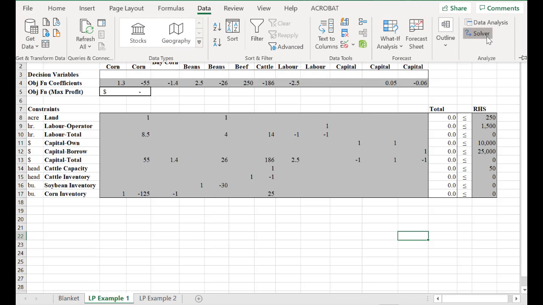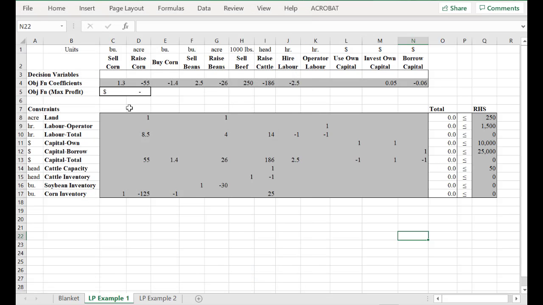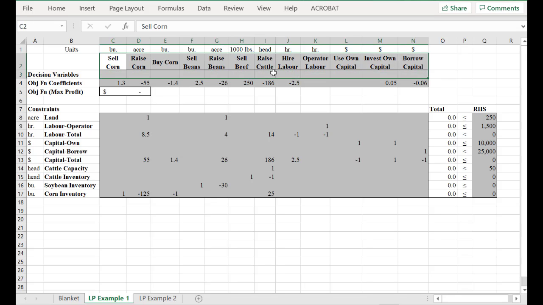You click Data, Solver, and this box is the one you check to make the unconstrained variables non-negative. If you check it, it means that all of the decision variables here will be non-negative, or if you put it another way, greater or equal to 0.